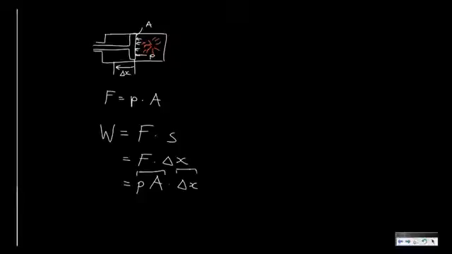But we can also divide it in a different way and say that the area times the delta x is also the change in volume, is the delta V. In other words, you can also write this as the pressure times the change in volume. Be aware that V here means volume, not speed. It's the volume, pressure times the change in volume.